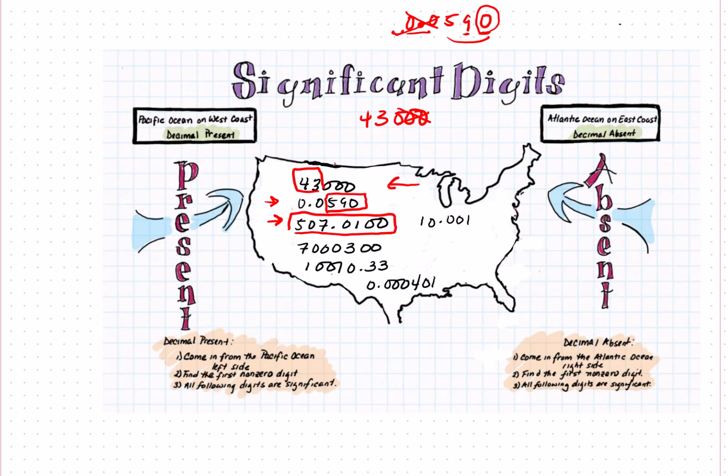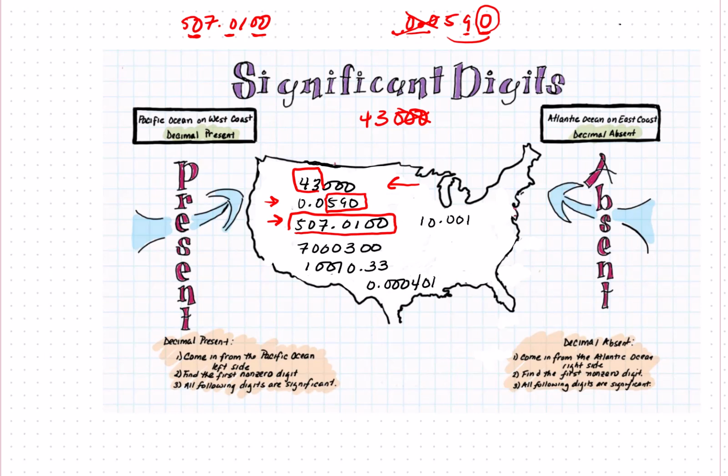So if I rewrite this, and I can use multiple rules to solve for this, there are 3 sets of zeros. We have a 0 between the 5 and the 7, a 0 between 7 and the 1, and 0 after the 1. So the first set, if you notice, they are surrounded by significant digit 5 and 7, so that 0 is significant.